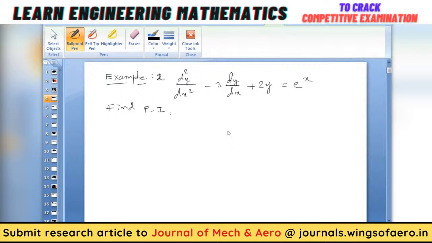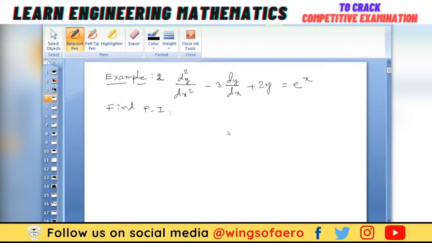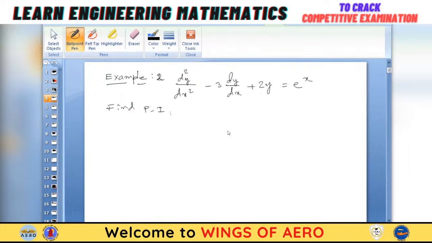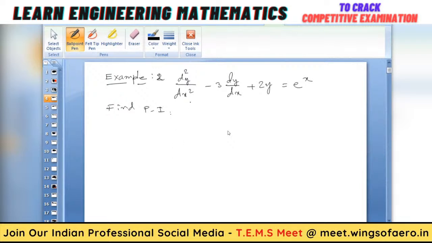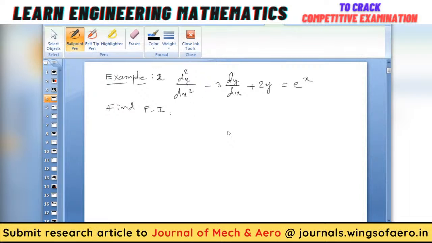Okay, if the not defined case occurs, it doesn't mean there is no PI. Obviously, there is a PI. But if after putting d is equal to a, the not defined case occurs, then there is a rule to find out the PI. The rule is like this. We are going step by step.